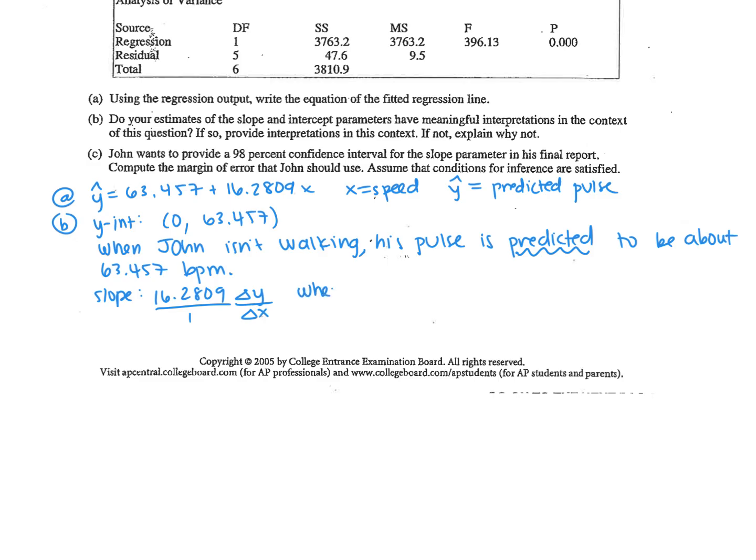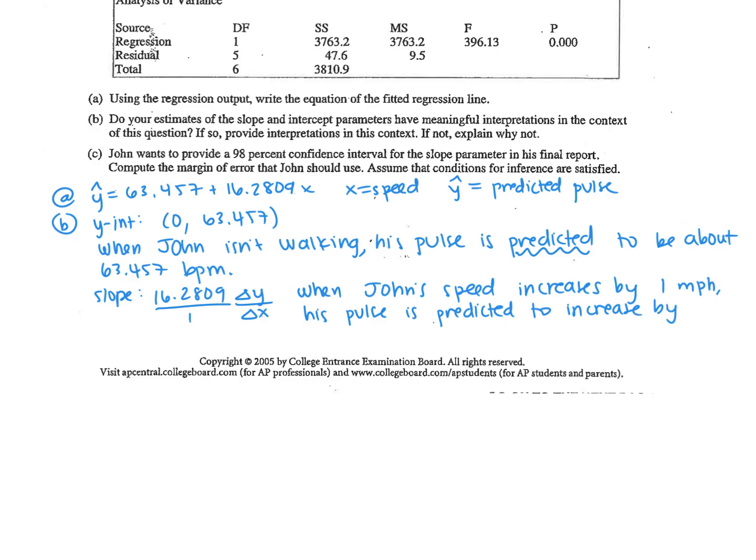Okay, when John's speed increases by 1 mile per hour, his pulse is predicted to increase by 16.2809 beats per minute.